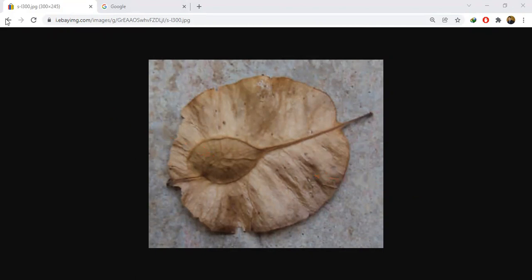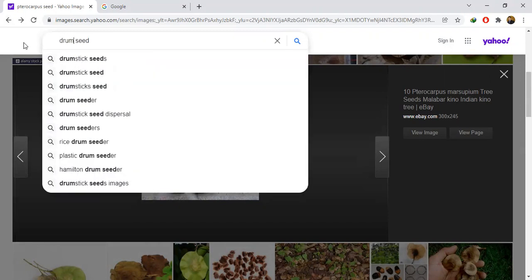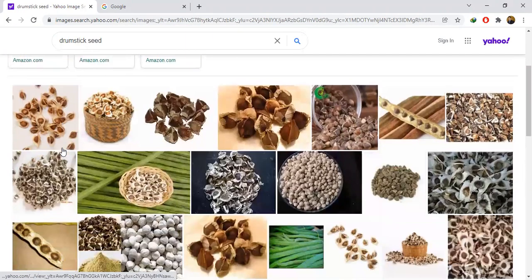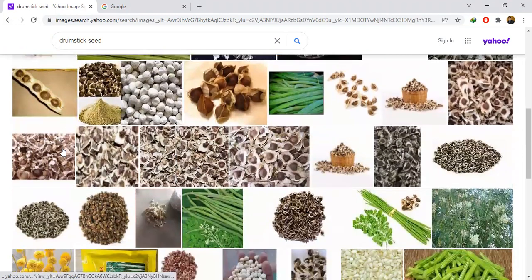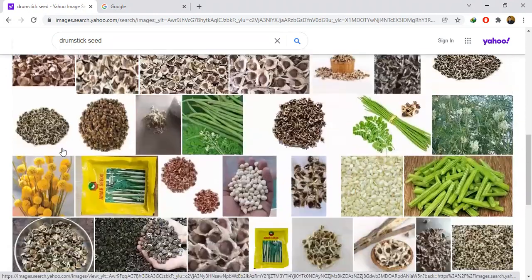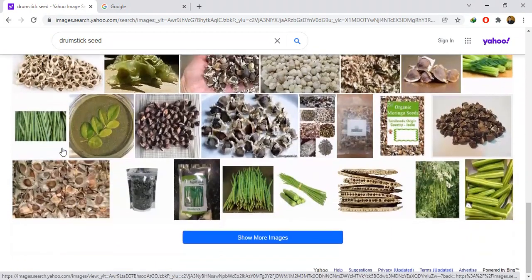The third example you have been given is the seed of drumstick. If you take the drumstick seed, externally, there will be a small membrane.